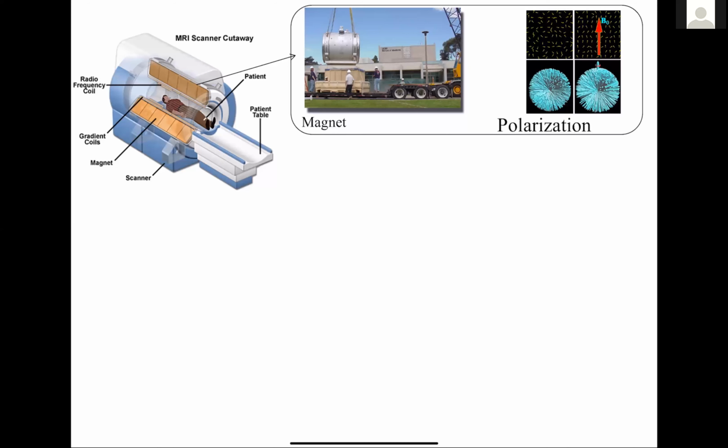Because there's no preferred direction for the spins. So we need some external magnetic field. It can be something as weak as the Earth's magnetic field. Right now, your spins are slightly polarized in your body. So we actually could do MRI with the Earth's field, but it'd be a very weak signal. Therefore, we want these really big magnets to create enough polarization that we can get a usable signal.